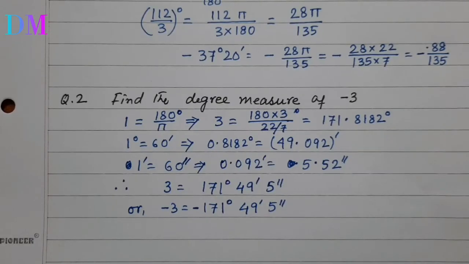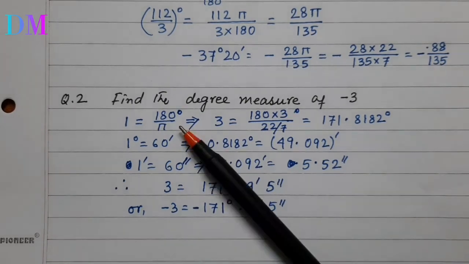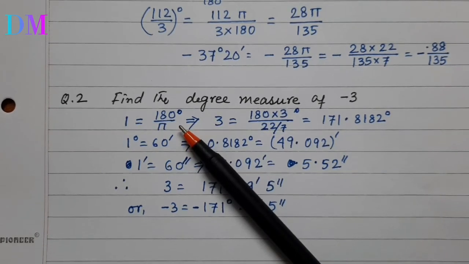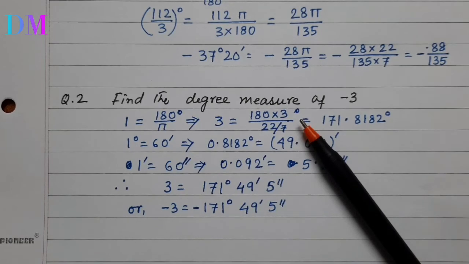So our next question is to find out the degree measure of minus 3. We know that 1 radian equals 180 by pi degree, which implies 3 radian equals 180 into 3 by pi degree. Now we know that pi is equal to 22 by 7.